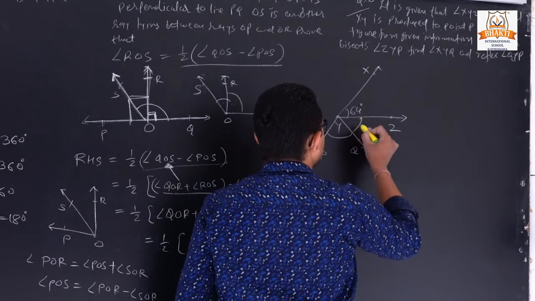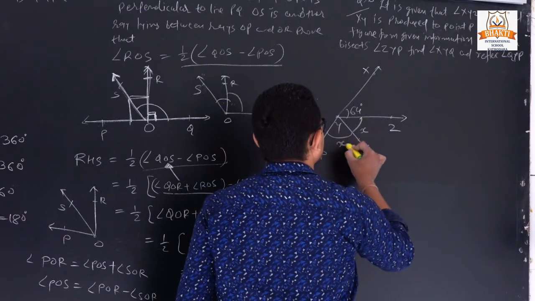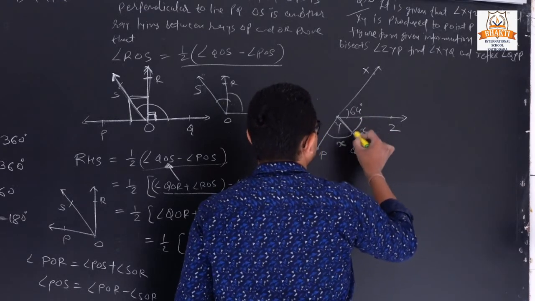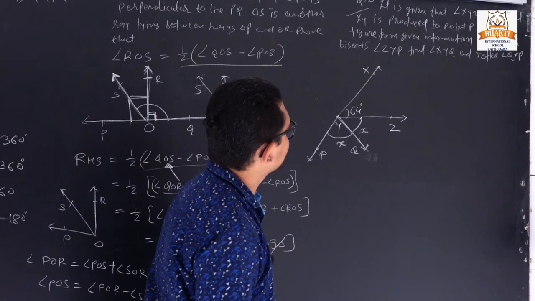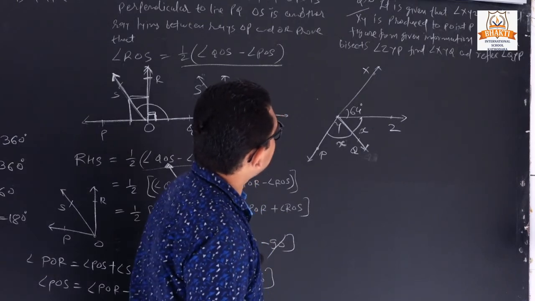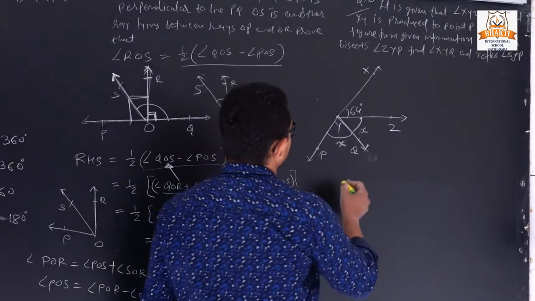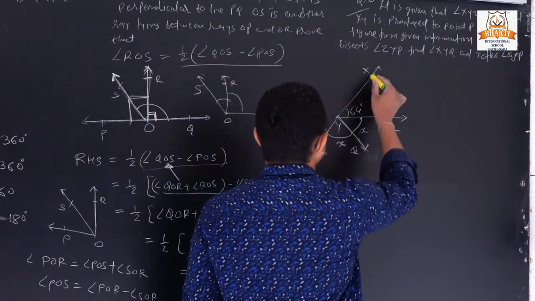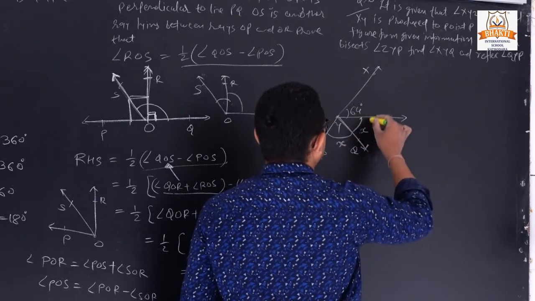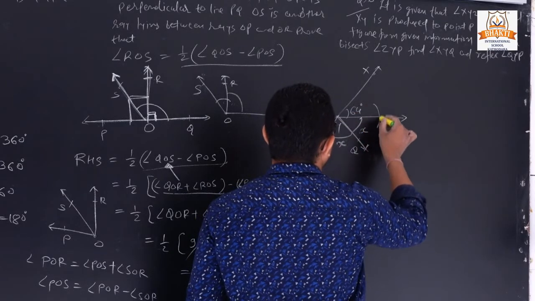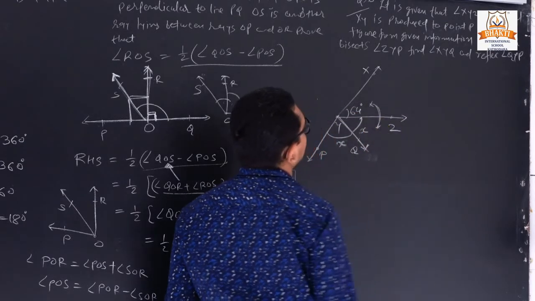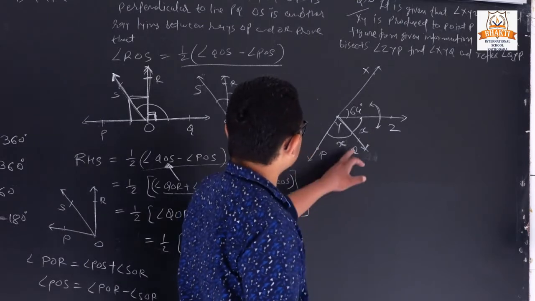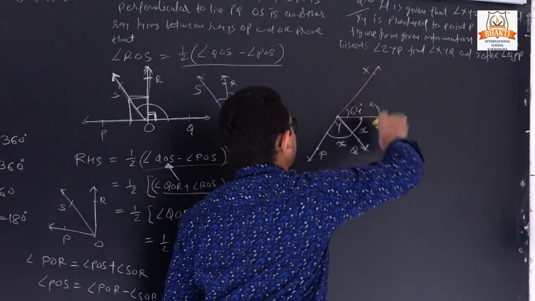This and this angle will be the same. Both these angles are the same. So find XYQ. So where is XYQ? We need to find the total angle of this. And reflex of QYP. QYP reflex means all the angle remaining.